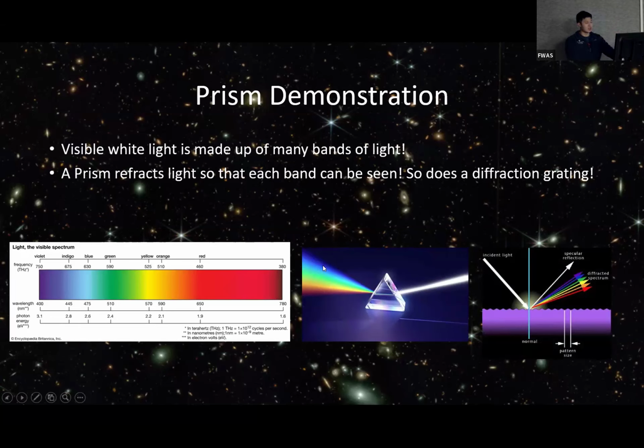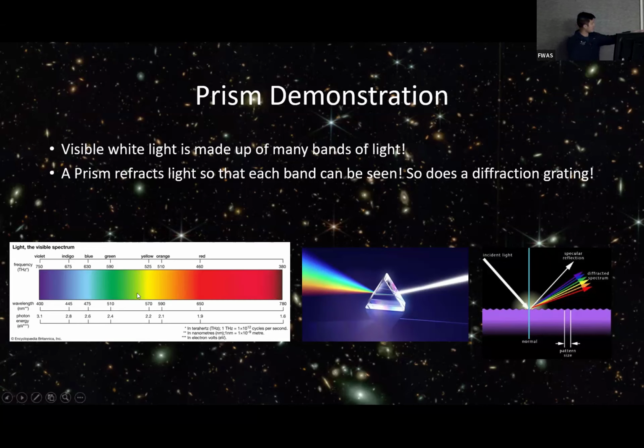The higher frequency, ultraviolet and higher energy, bends more, and the lower frequency bends less. That's why you have your violets and blues up here, and your reds down here. With a diffraction grating, think of a sheet which has many small grooves in it. When you shine a white light on it, it causes a phase shift in that light, so you have constructive and destructive interference, and we'll go into more of those terms a little later, which then allows you to see those individual colors of light.